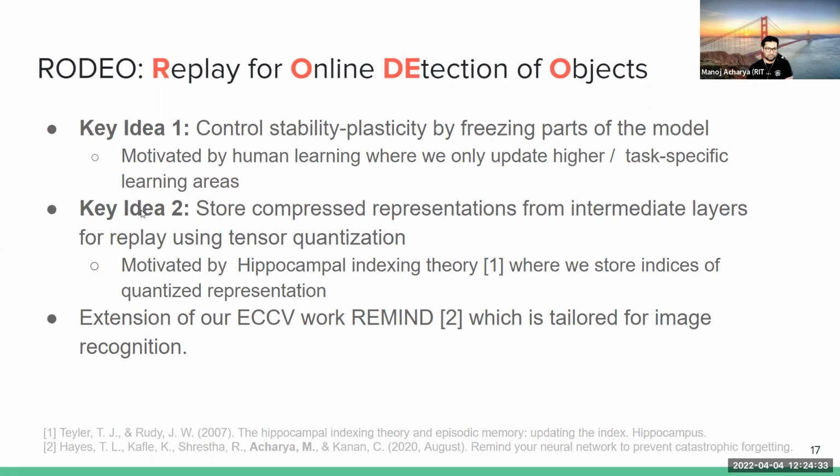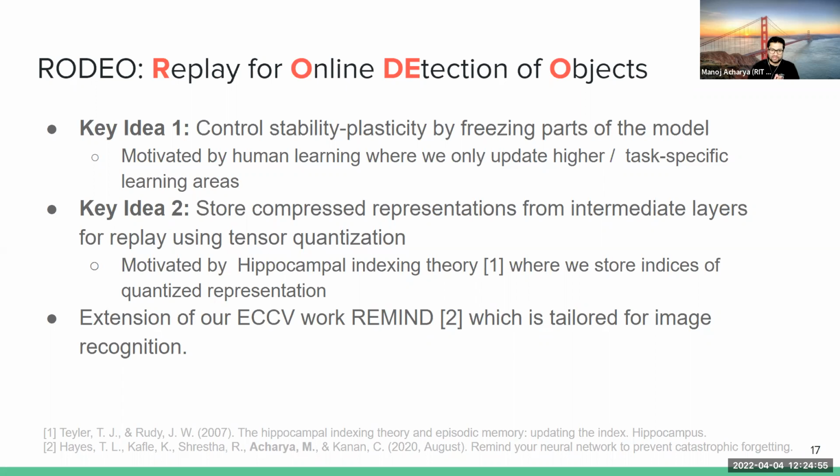So there are two key components that I wanted to mention quickly. The first key component that allows for streaming update is controlling the stability-plasticity by freezing parts of the model, right? This is also motivated by human learning, where we only update higher or task-specific learning areas.